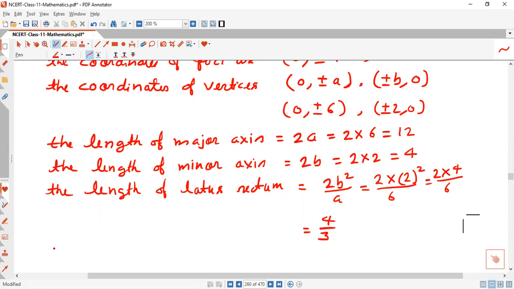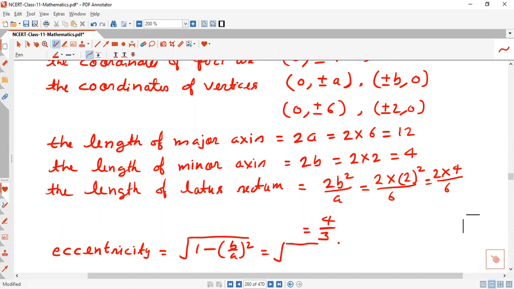Now, eccentricity. Eccentricity will be defined as under root 1 minus b upon a whole square. Put the value here. 1 minus b is here 2, a is here 6, whole square. You see, under root 1 minus 1 by 3 whole square.